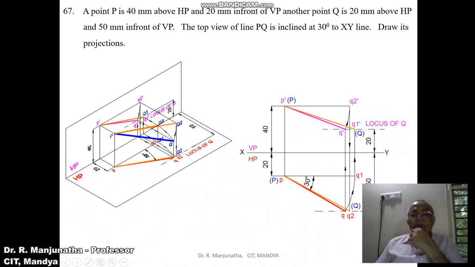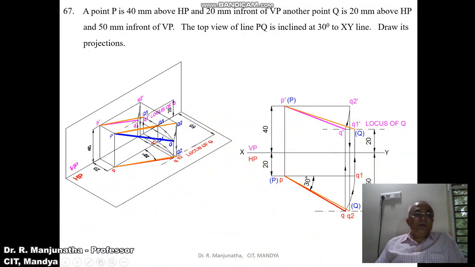PQ1 is in front of VP by 20 mm, and when it is projected to the locus of Q in the front view, you will get this point as Q1 dash. Then join P dash Q1 dash. This will be the true length. You mark that as capital P and capital Q in bracket. That is what we have shown here.